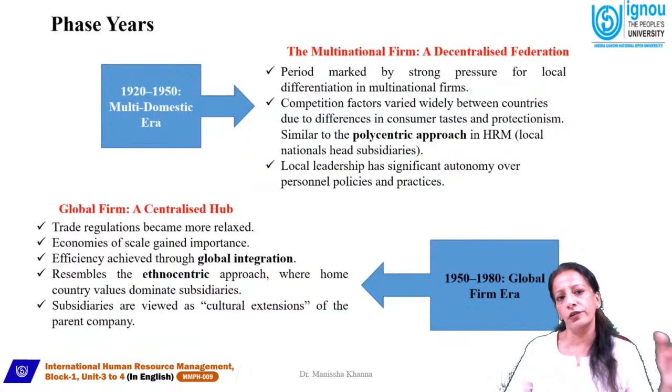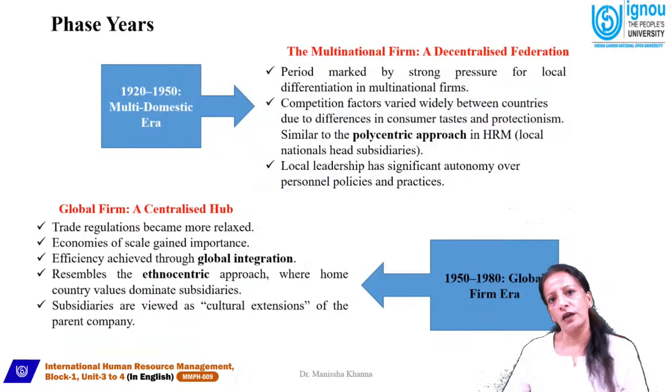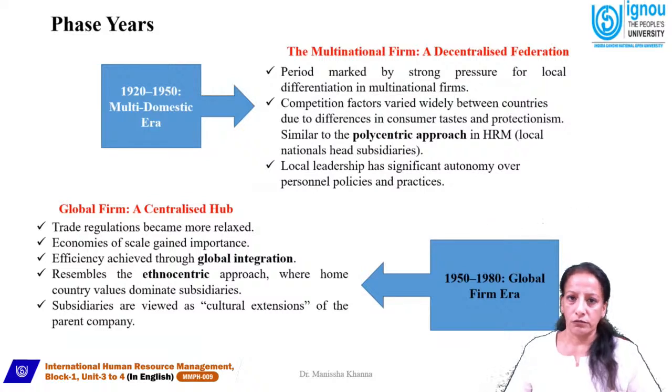So the parent company, for example, is from the US. So all the cultural extensions are given to the subsidiary, the processes, the kind of work. For example, the culture is not wearing formal clothes during office hours.